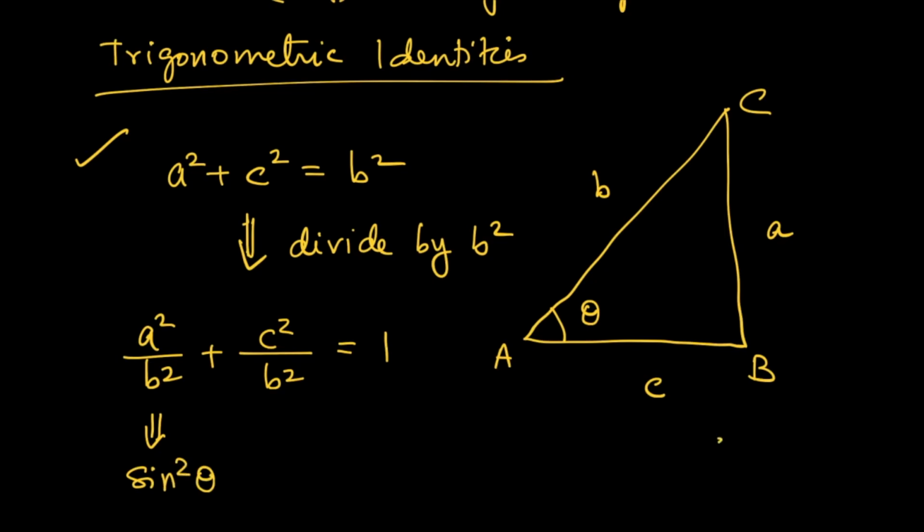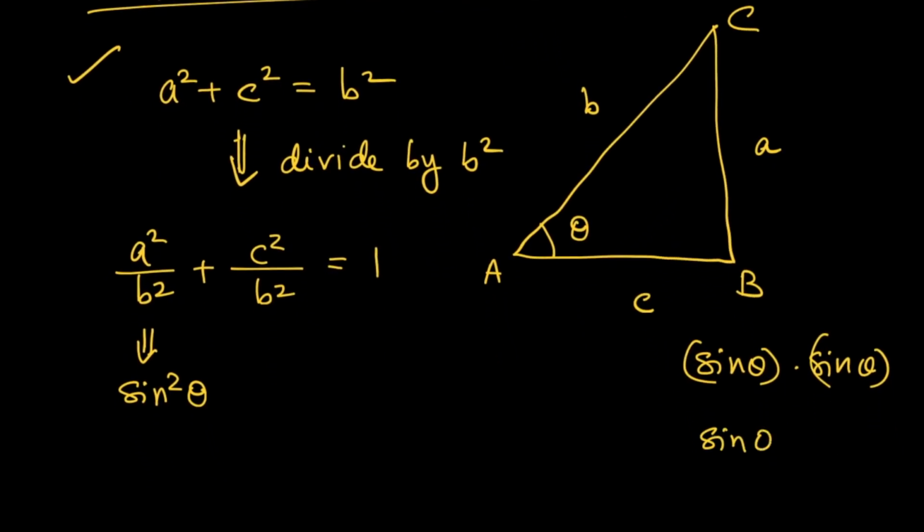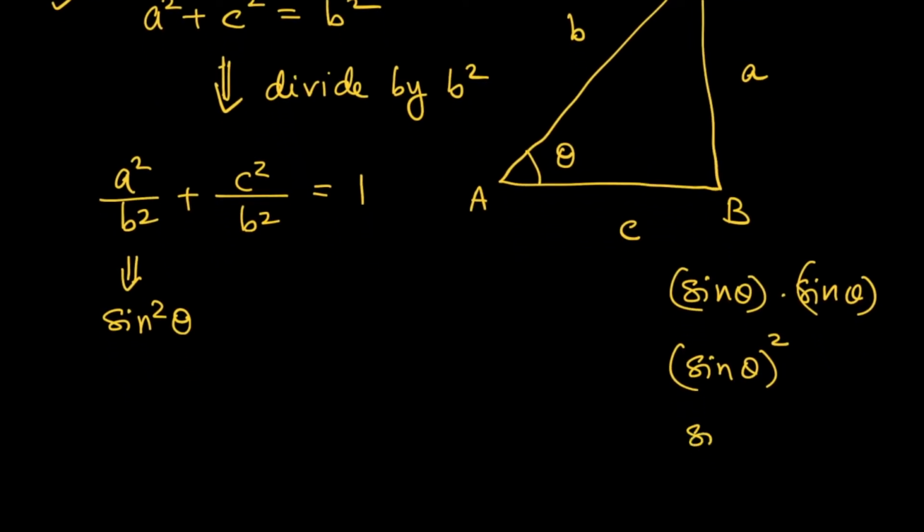Again, I just want to remind you that when you multiply sine theta with sine theta, or basically when you square sine theta, you write this as sine squared theta. So this is the notation that we will follow.